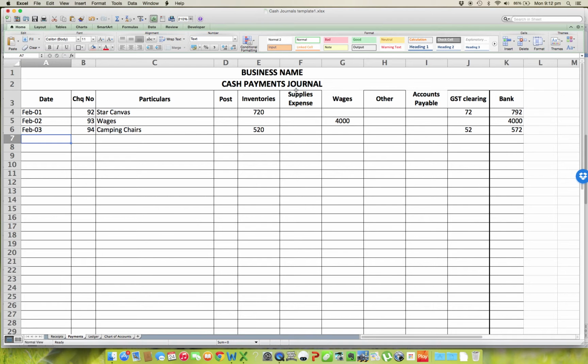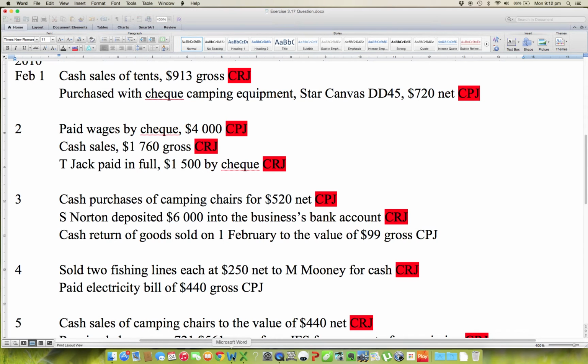So within the cash payments journal, the bank figure is credit. Pop that on the side there. Credit.